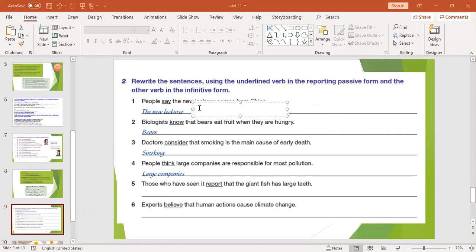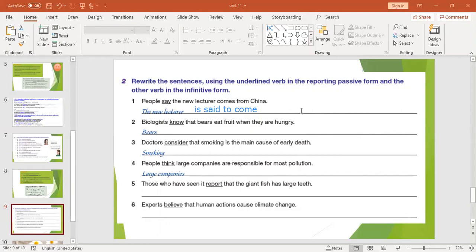A suitable verb to be with lecturer is, the verb is say. So it's said. اتفقنا إن نجيب من عنا to, and the infinitive form of the verb which is used here in the sentence, to come from China, up to the end of the sentence, etc. I'll choose another example here, which is example number 5.